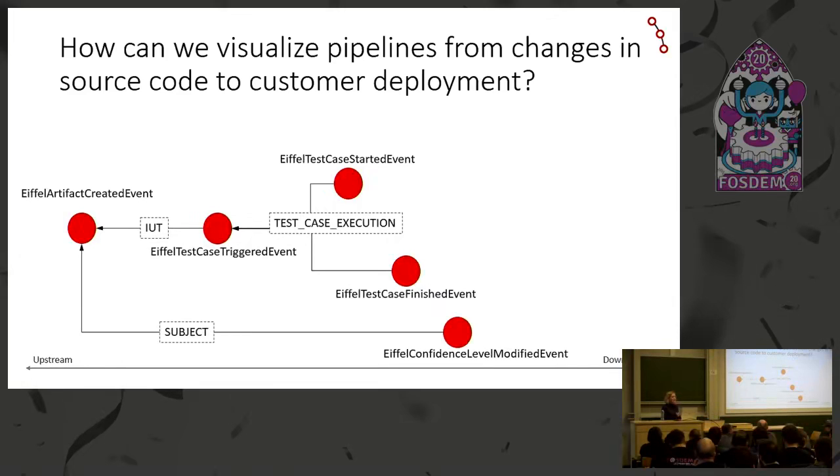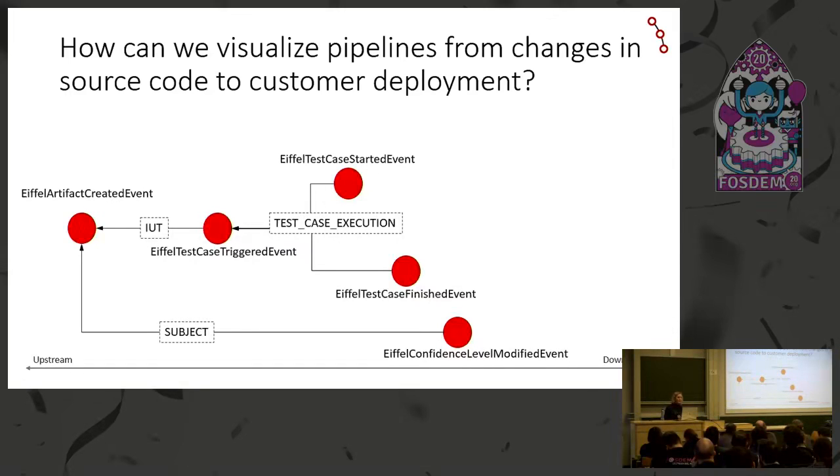Then you can send a confidence level modified event. And this is very free formatted in the way that you can name the confidence level whatever you want to. As long as you standardize it, it shouldn't be a problem. And then you point back to the artifact that you've created.